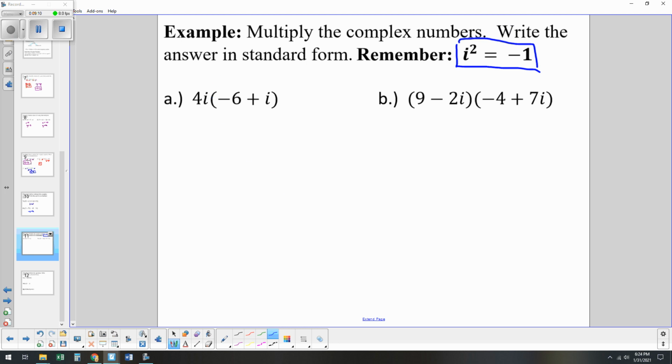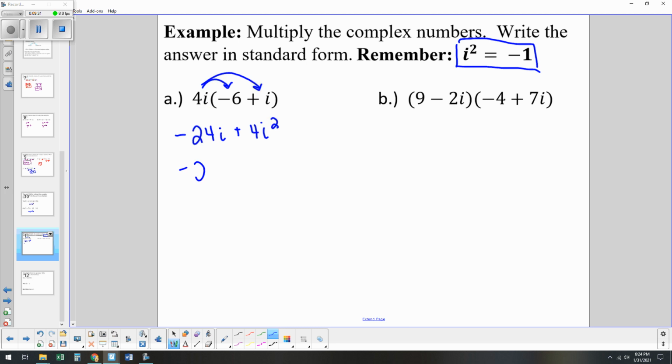So here, I'm distributing the 4i to both terms. So 4i times negative 6 is negative 24i. 4i times positive i is plus 4i squared, right? i times i is i squared. So now I'm replacing this i squared with a negative 1.